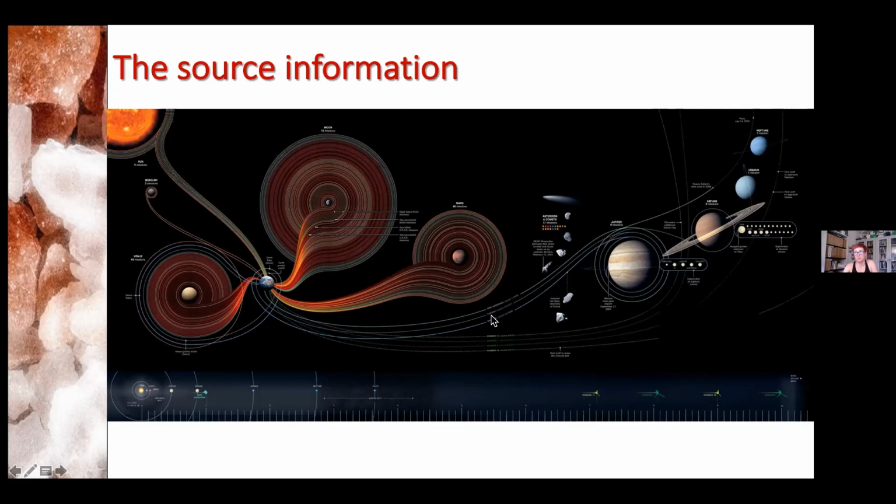But what is important from this panel is that it's clear the difference in the number of missions, which you can translate easily to the amount of information we have from the outer solar system bodies comparing, for example, to Mars.